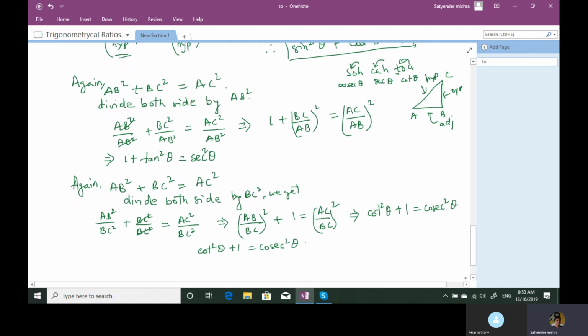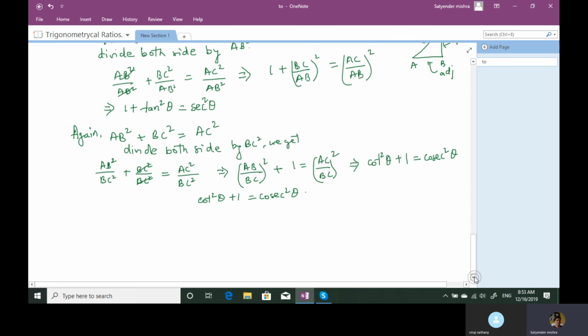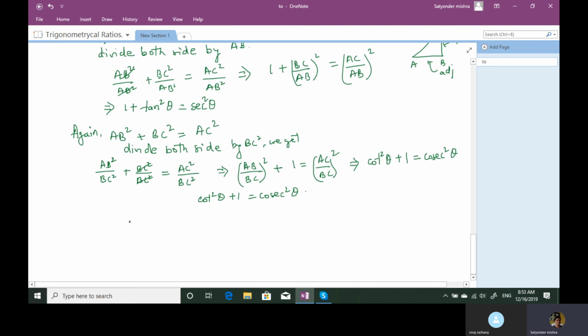So now we have three equations. First one is sine square theta plus cos square theta equal to 1. Second one is 1 plus tan square theta equal to sec square theta, right?